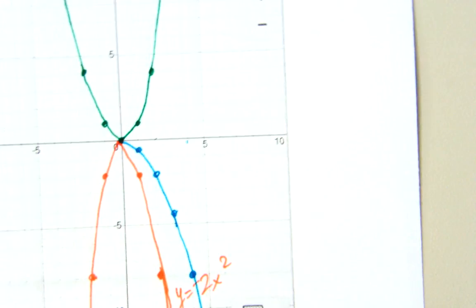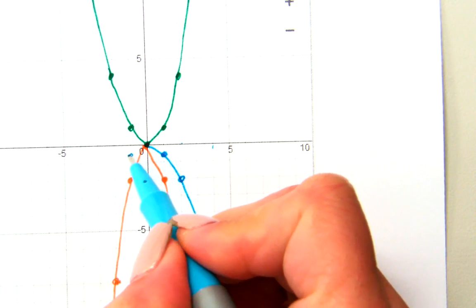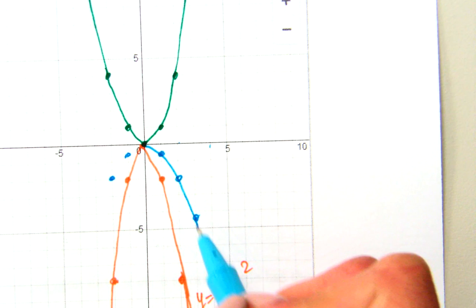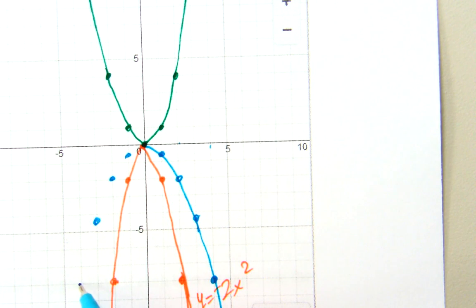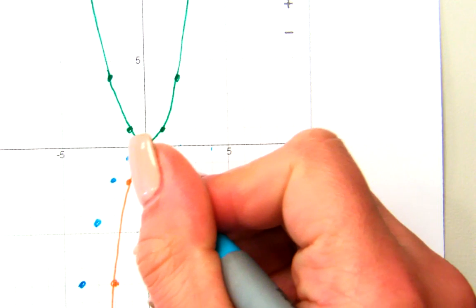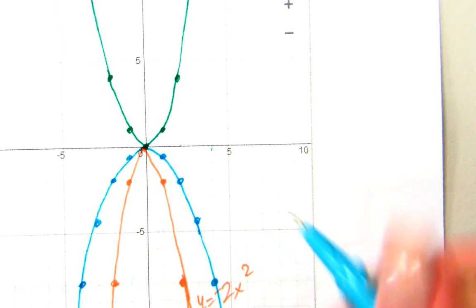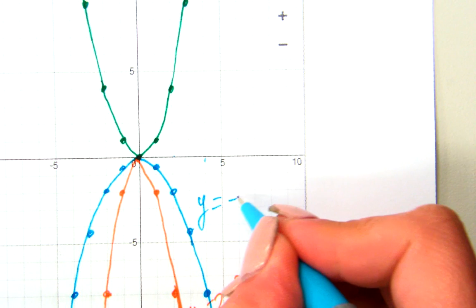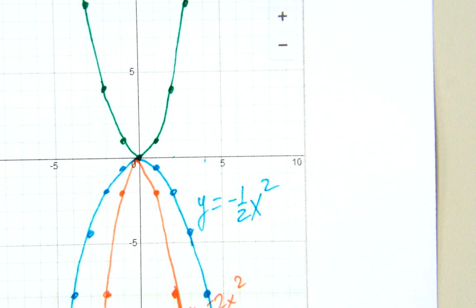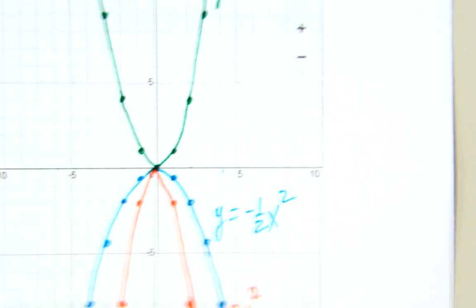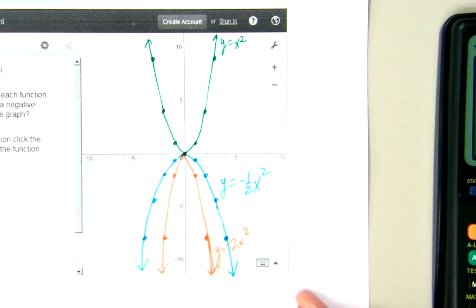Okay, so obviously it's a little wider. And then we match it on the other side because we're slightly lazy and we don't want to work too hard. Is it right? Yep. Okay. There it is. So y equals negative 1/2 x squared. Okay, that was number 6. Hopefully you guys do a good job with it.